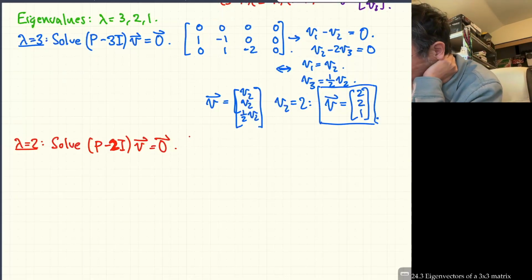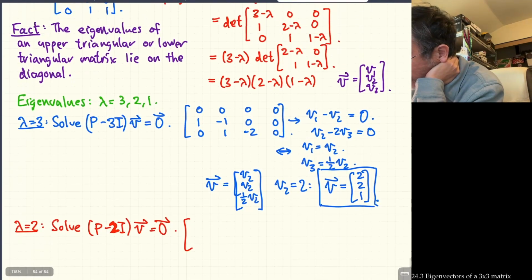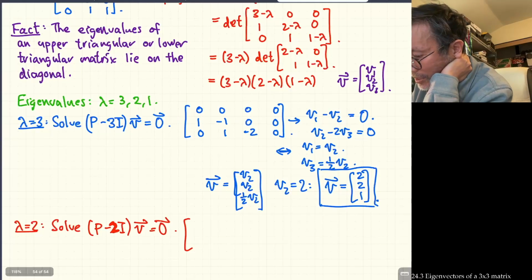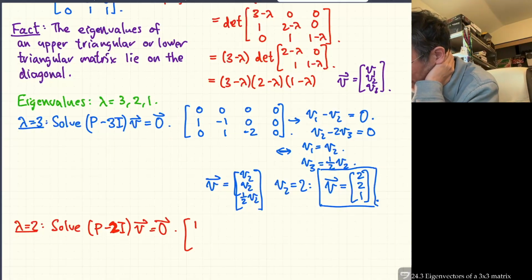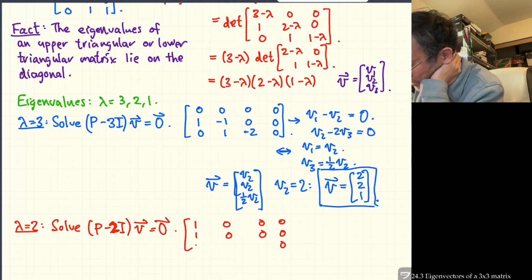So what is the augmented matrix here? So it's what I get by sticking 2 in for lambda into this matrix here, and then adding a column of zeros. So I get 1, 0, 0, 1, 0, 0, and adding a column of zeros. And then finally 0, 1, negative 1, I believe.